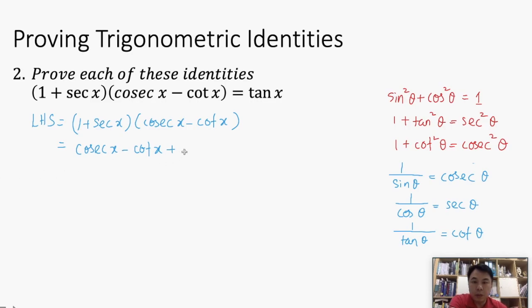So there is secant x, then cosecant, negative cotangent, secant. Oh yeah, I missed out the cosecant. And then finally I have my secant x, cotangent x. Let me check that one more time. Yep, now I'm good to go.